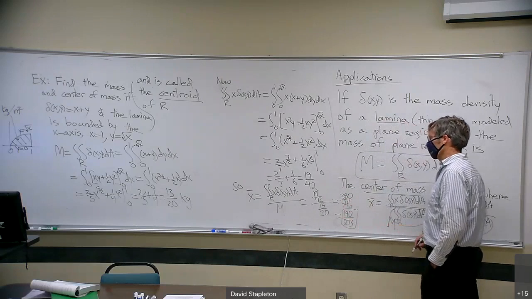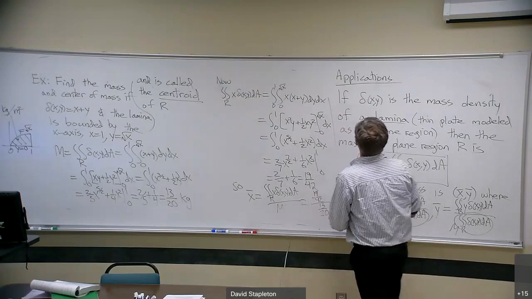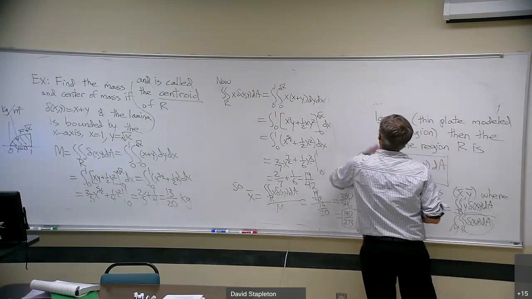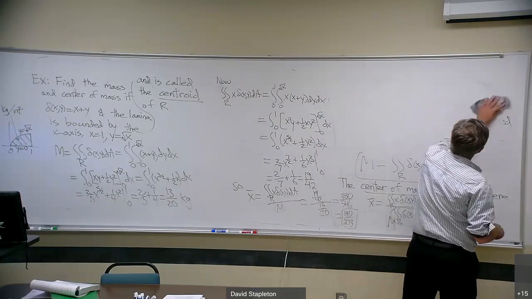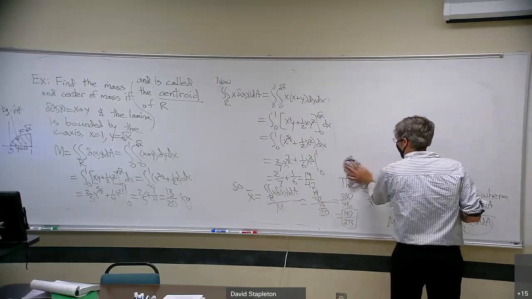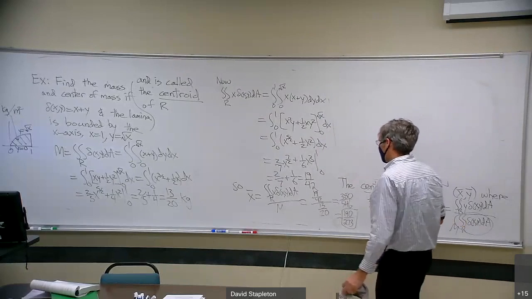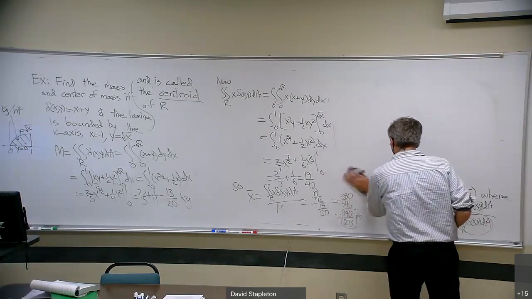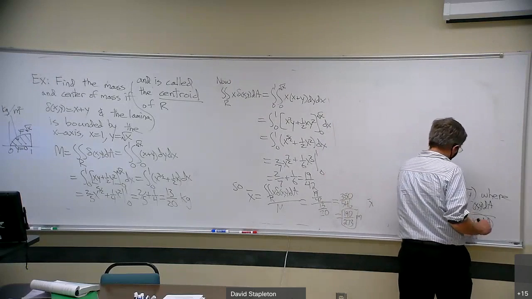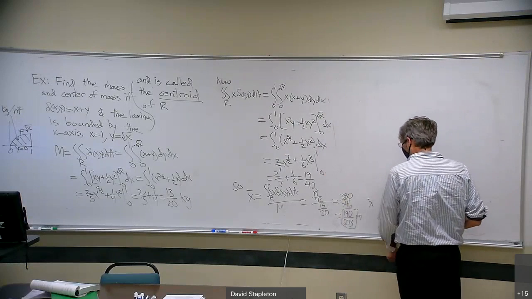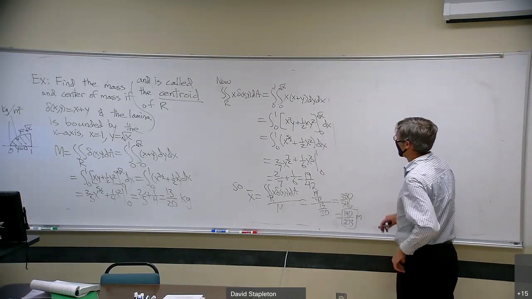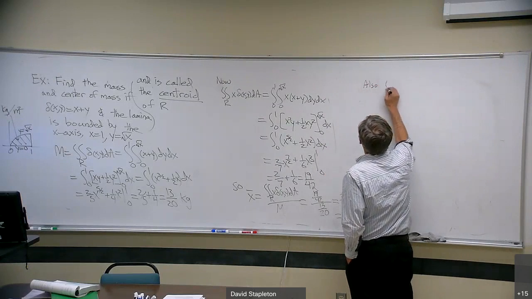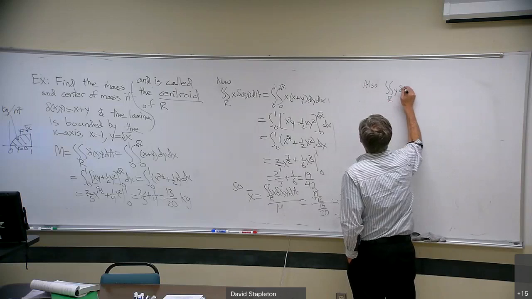All right, so there's the x coordinate, and then we can do the y coordinate similarly. We just take the same integral we did for the mass, but put y in. So the double integral over the region of y times the density.